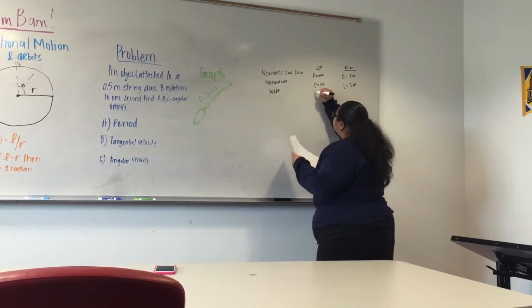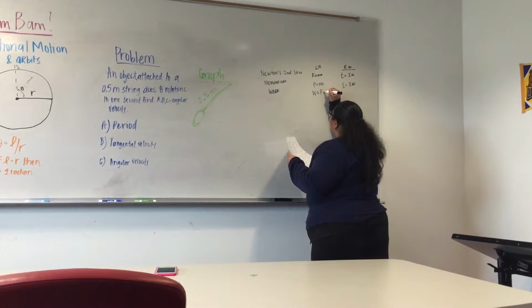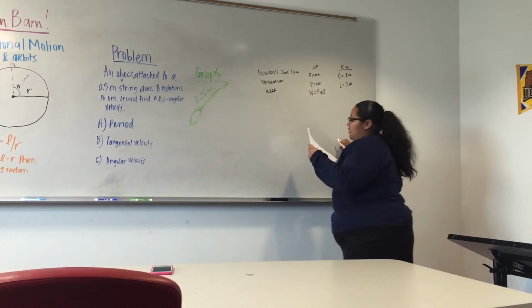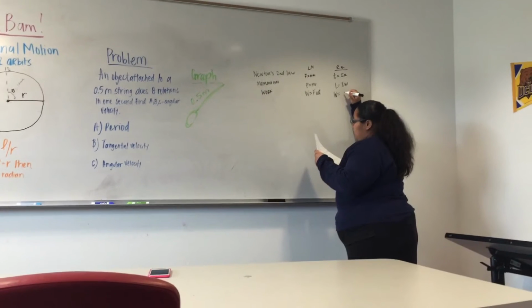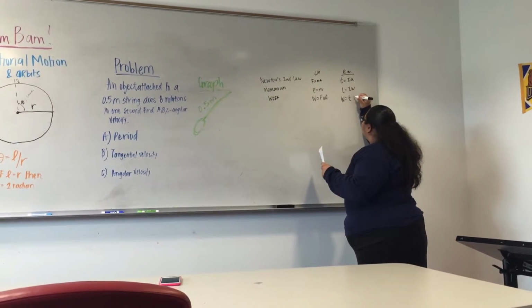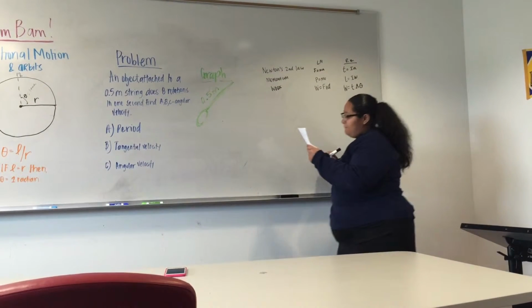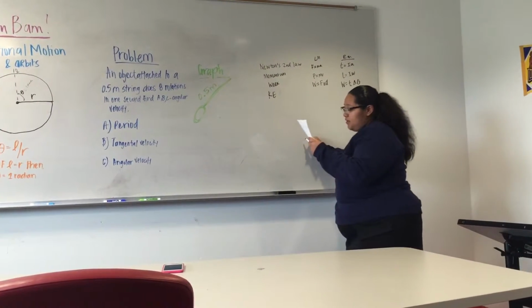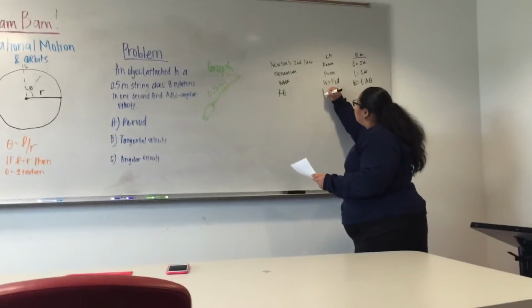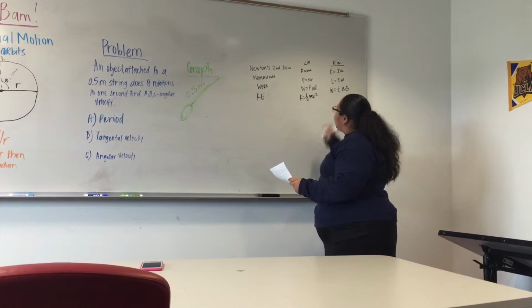Moving on to work. Linear has work equals force parallel times your distance. Here, work equals torque times the change of theta. Kinetic energy. We have K equals 1/2 mv squared.